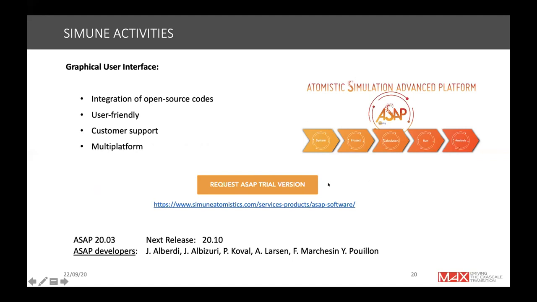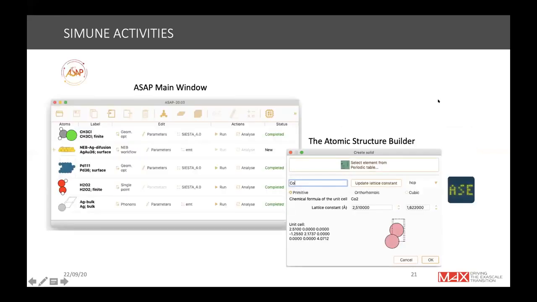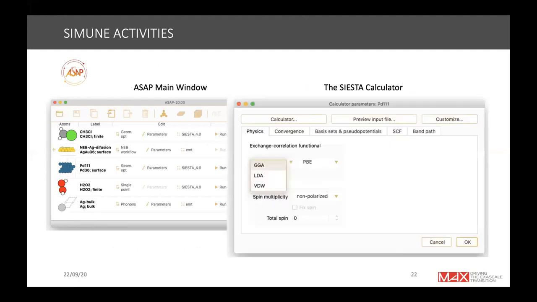I invite you to request an ASAP trial version from our webpage, and then you can try the different ASAP components. For example, the atomic structure builder to build your system, so surfaces, bulk, and molecules. Then you can also create your FDF input file using the graphical user interface for the Siesta calculator, that contains different Siesta parameters.